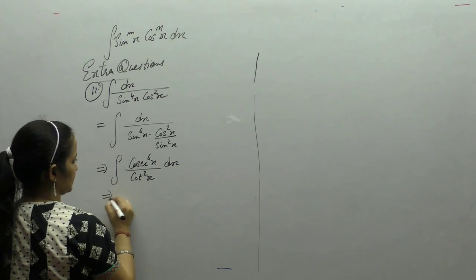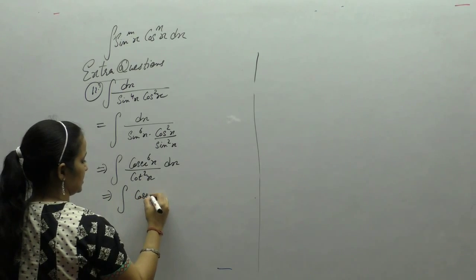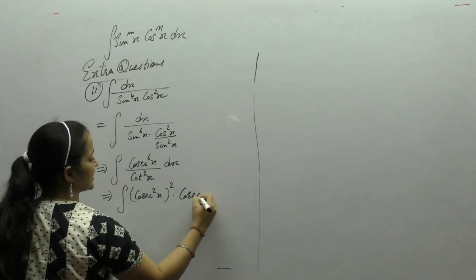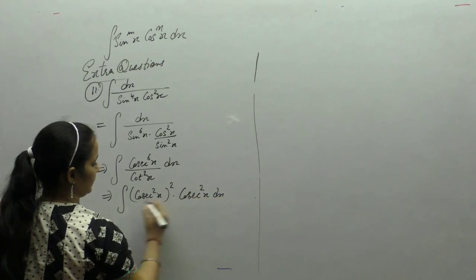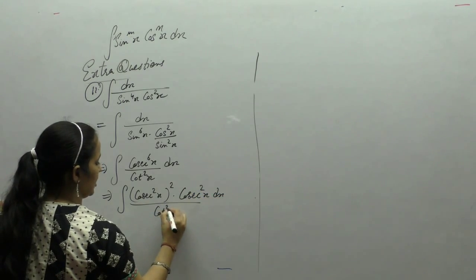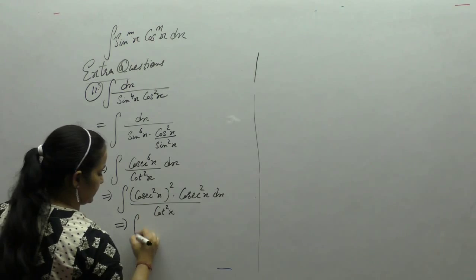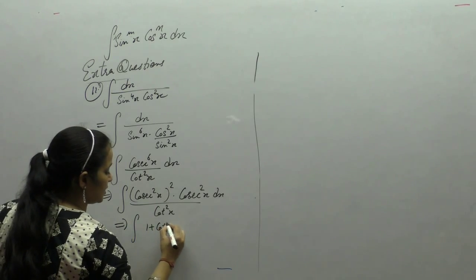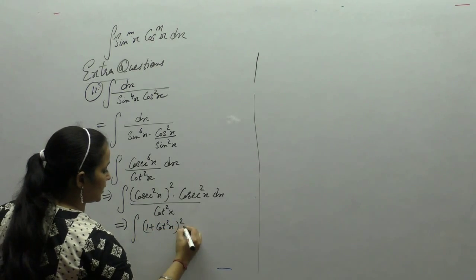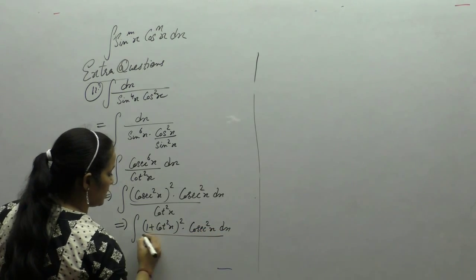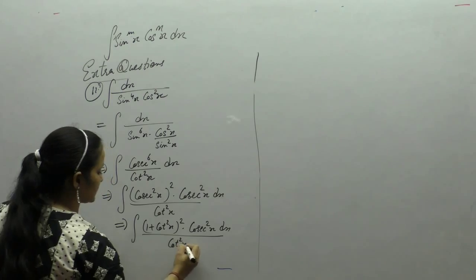Write cosec 6 as cosec square x whole square into cosec square x dx. Now instead of cosec square x, we use the identity 1 plus cot square x. 1 plus cot square x whole square into cosec square x dx upon cot square x.